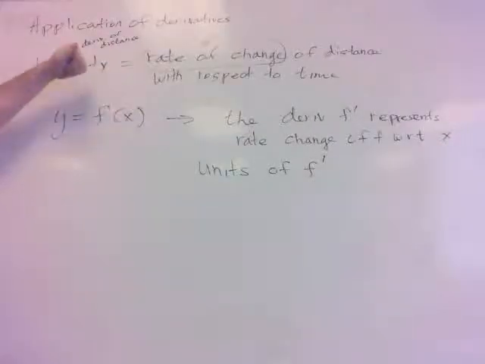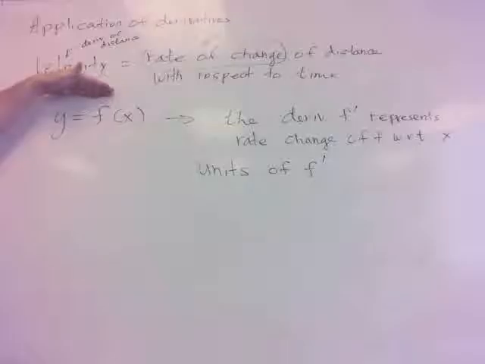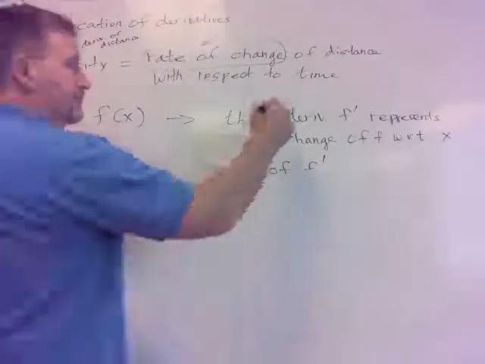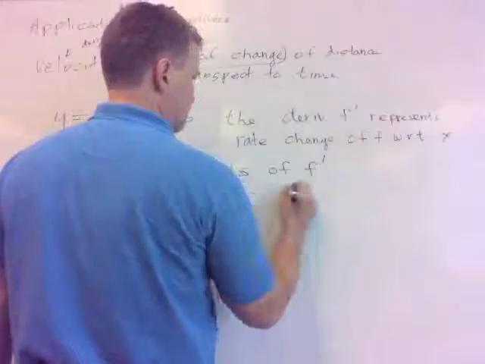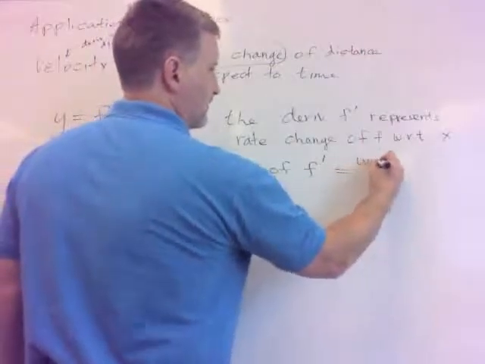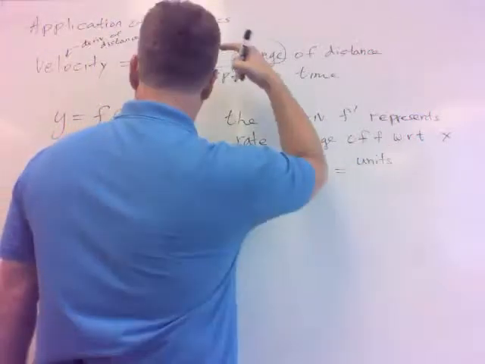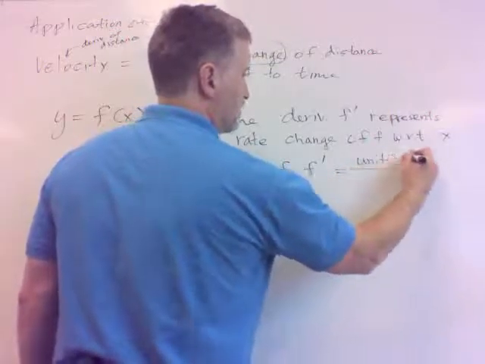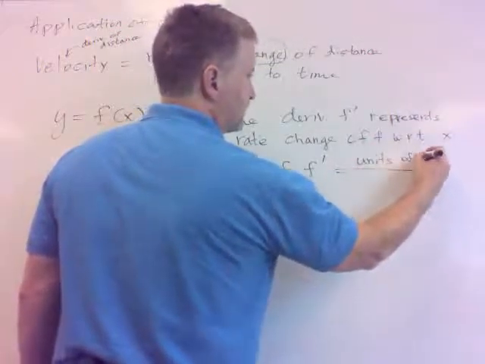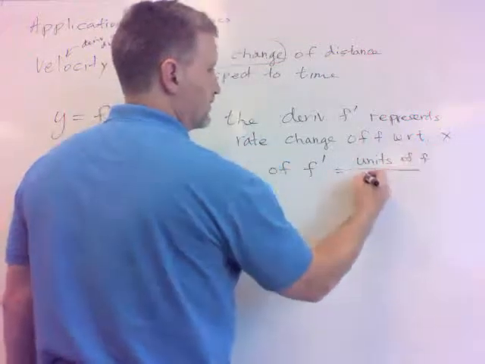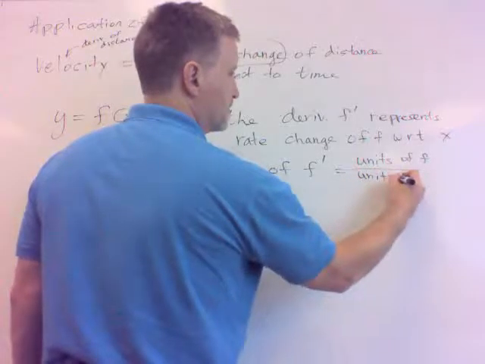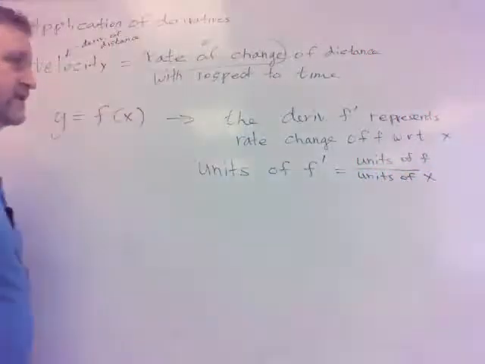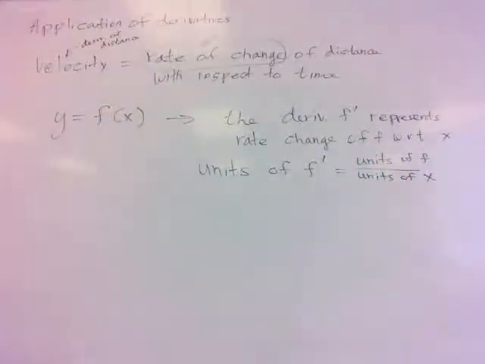Well, if I'm talking just any function, you're going to take the units of what your original function was and then divide it by the units of your variable there.